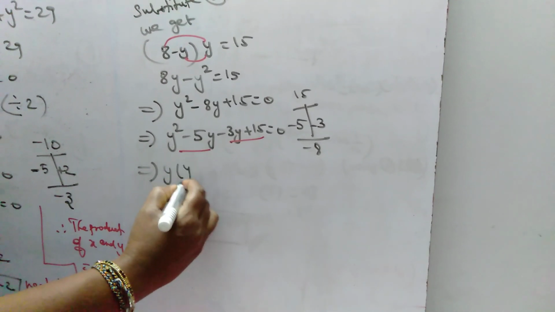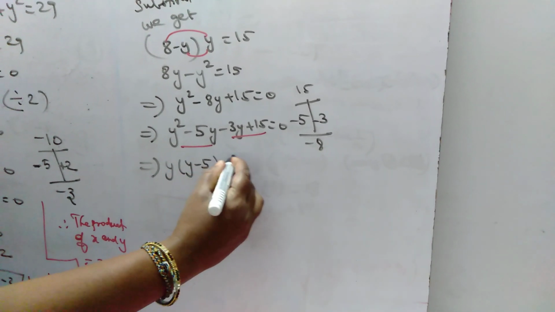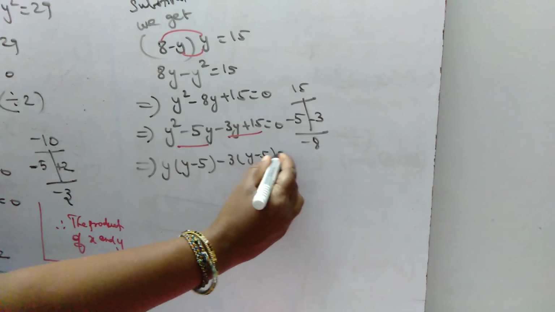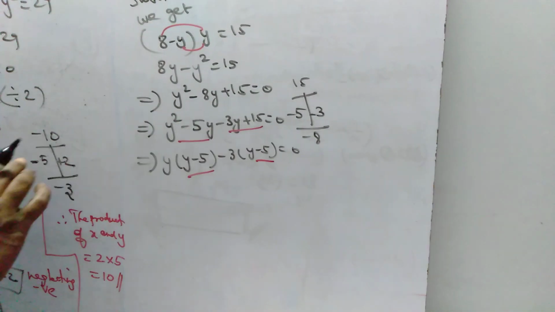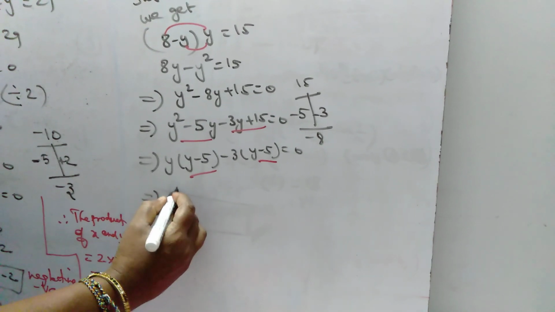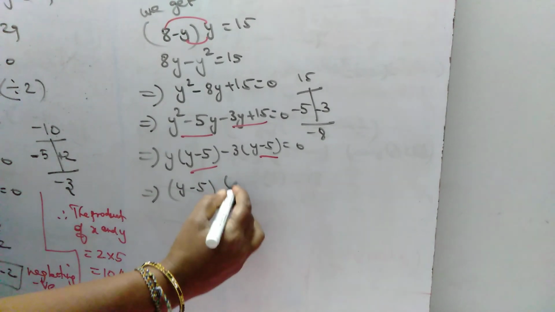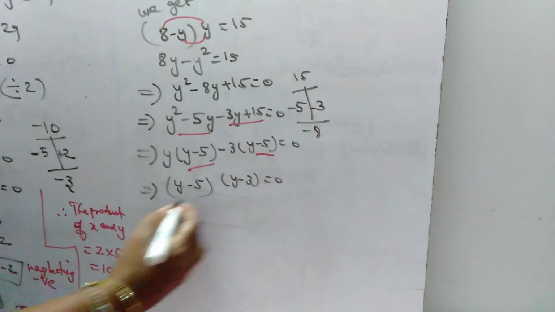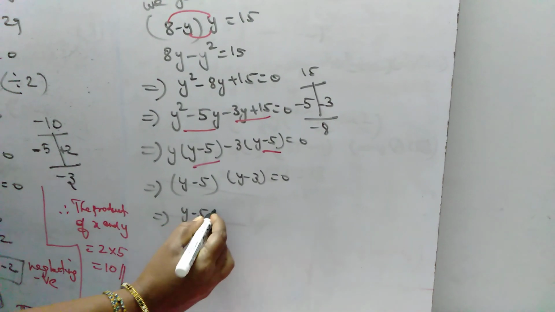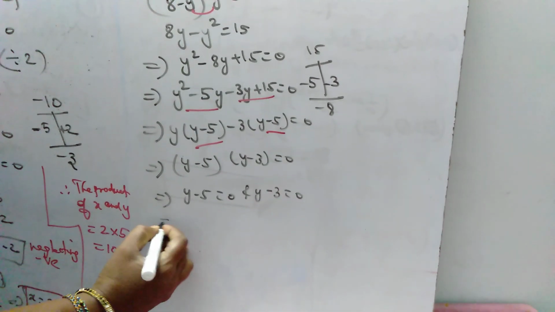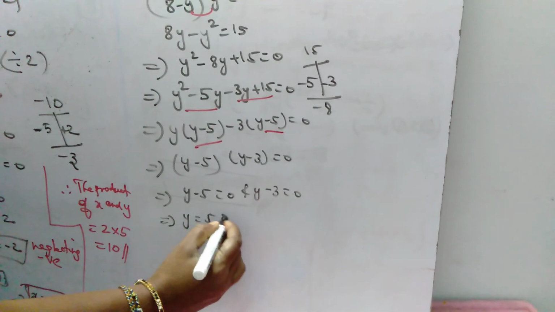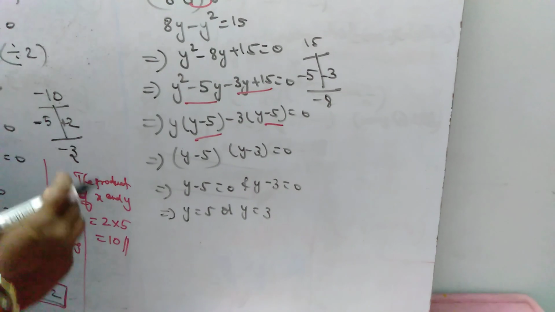So y into (y minus 5) minus 3 into (y minus 5) equals 0. Taking y minus 5 common, (y minus 5) into (y minus 3) equals 0. So y equals 5 or y equals 3.